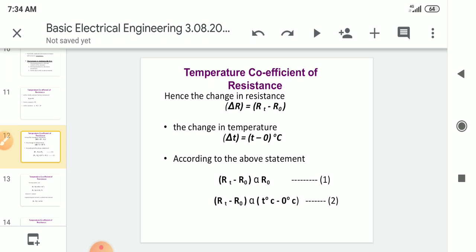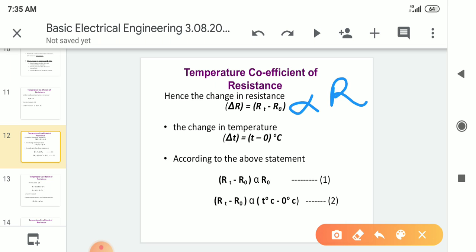What properties do we observe? This delta R is directly proportional to the initial resistance, and it is also directly proportional to the temperature difference.